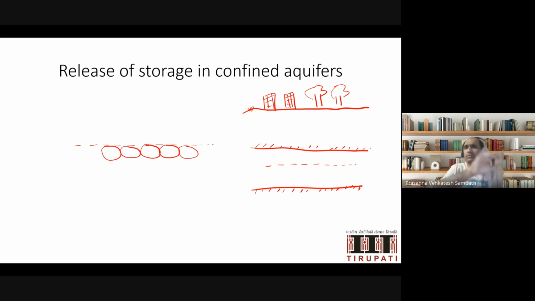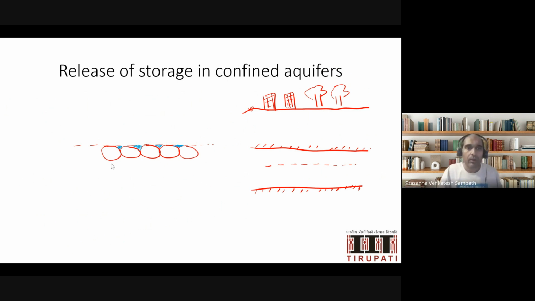So there are the soil particles arranged at that surface, and there is the water present between the soil particles in the intergranular voids, right? And please remember that this is a confined aquifer, and all the pores are completely filled with water.